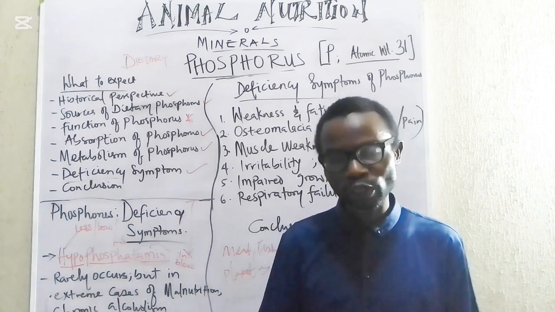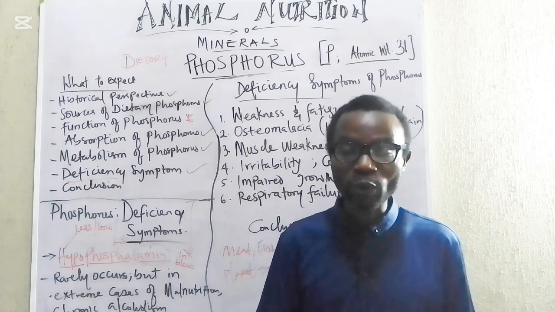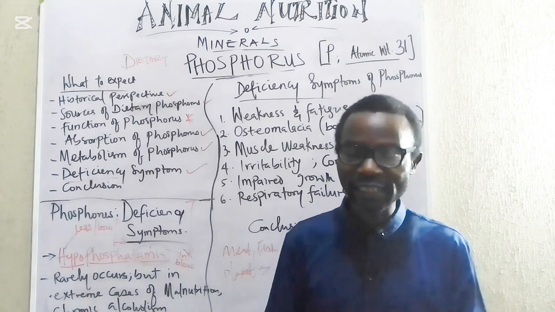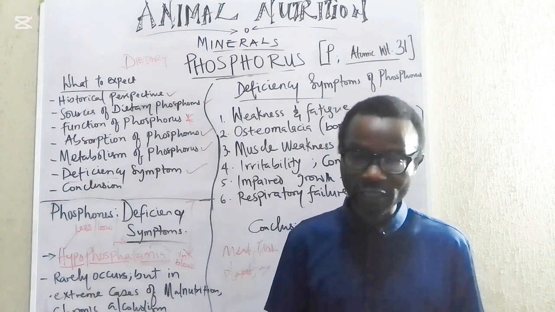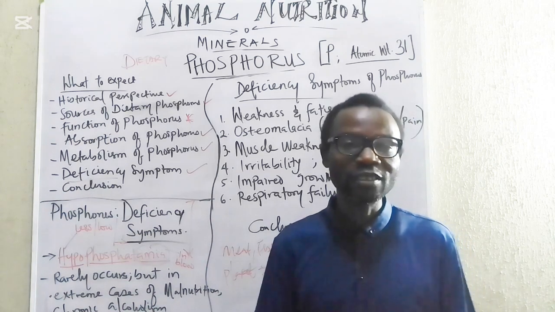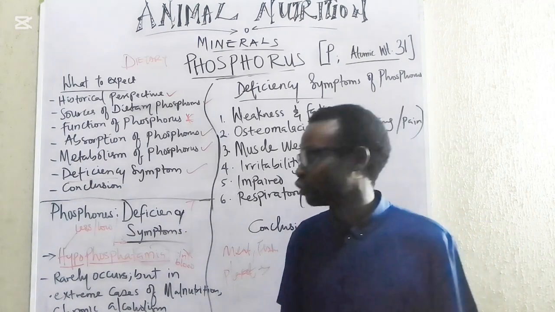When it becomes too much, it's excreted via the urine, and when it needs to be stored, it's stored largely in the bones and in the teeth, largely in the bones. So phosphorus, just like calcium, is stored in the bone and in the teeth. When it needs to be gotten rid of, the kidney does ultrafiltration and takes it out via urine.